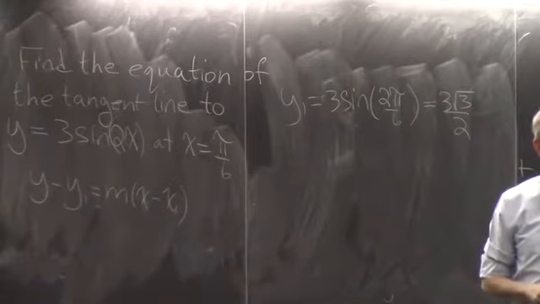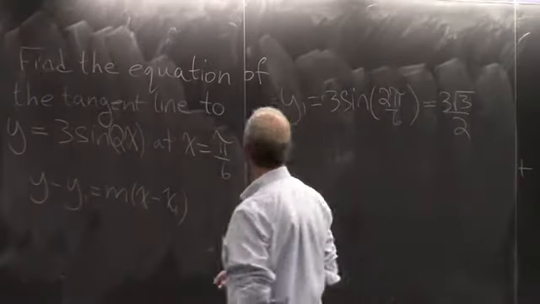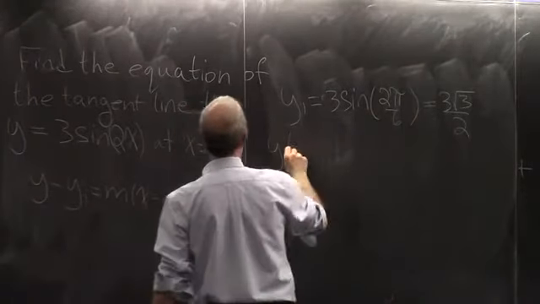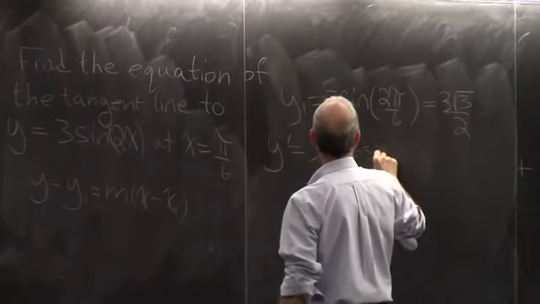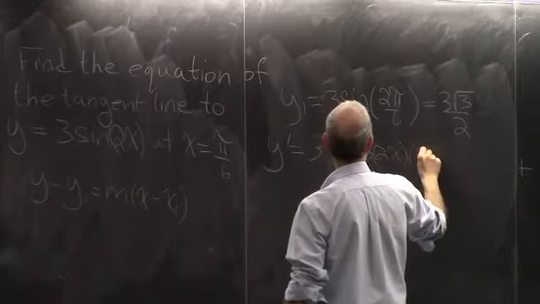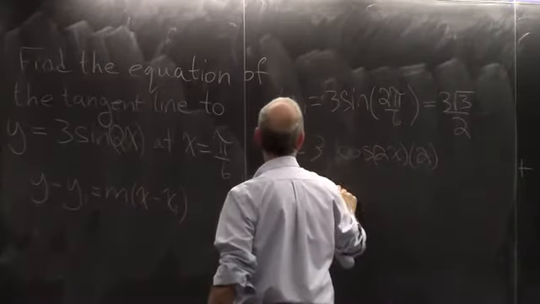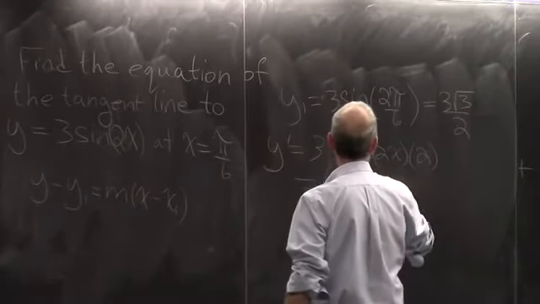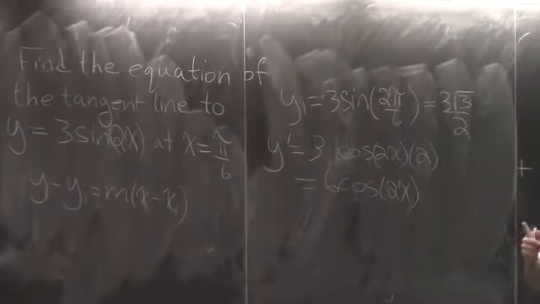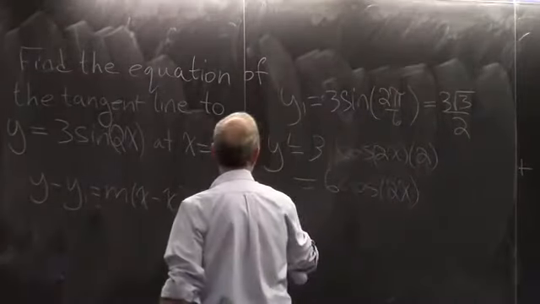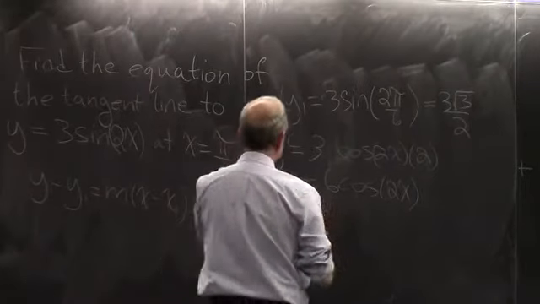Now we have to get the slope. To get the slope, we take the derivative. y prime is going to be 3 cosine 2x times 2, or 6 cosine 2x. Now to get the slope, we have to plug in pi over 6.